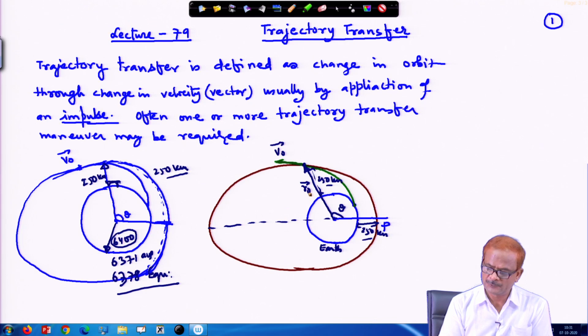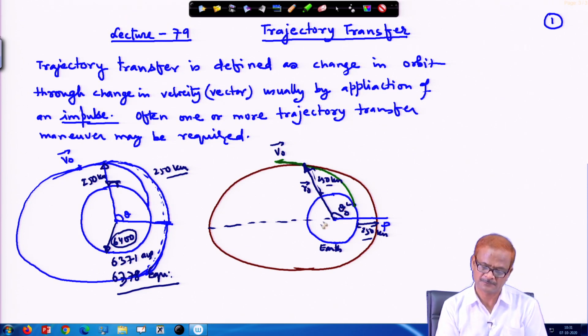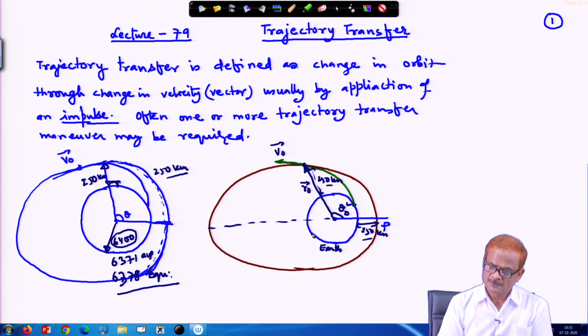We have to compute where the perigee will lie, and that depends on the theta value, theta 0, which we have to estimate, and we have done it earlier in the orbit determination process. Thereafter, as discussed earlier, this perigee needs to be raised from 250 kilometers. If it remains here, the orbit will slowly start decaying and move into the atmosphere as it loses energy.